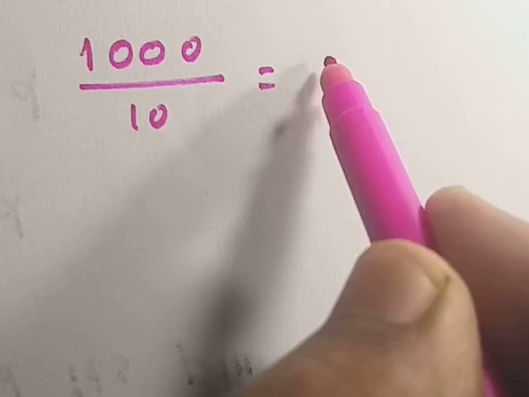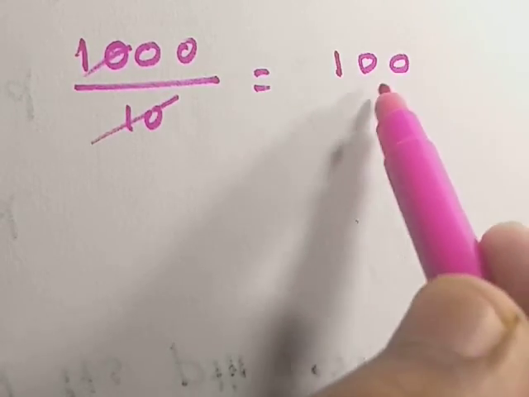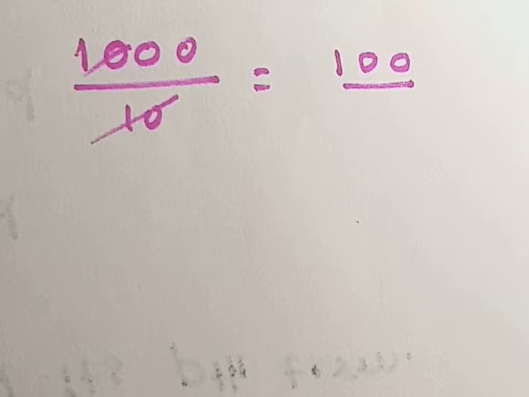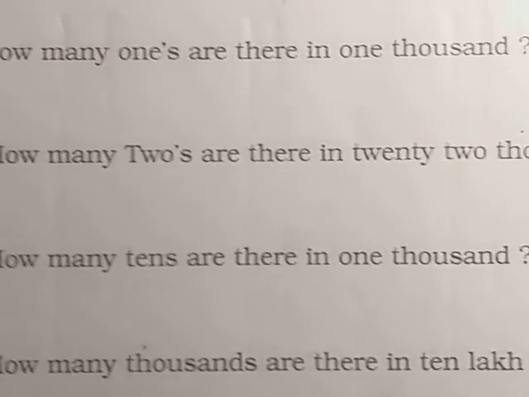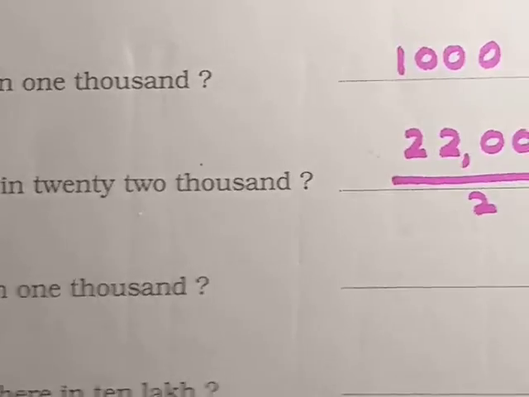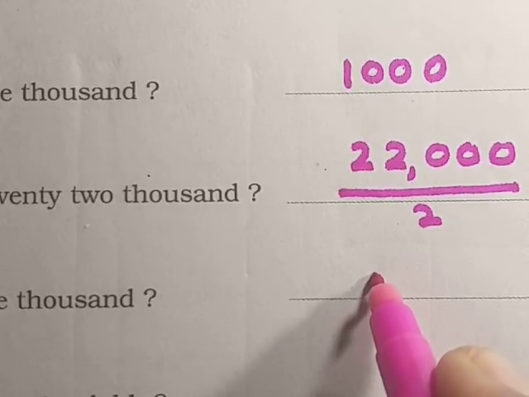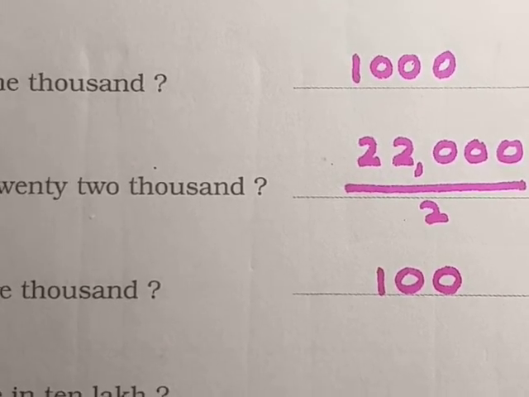That will give us 10 ones are 10 and double 0 remain. Therefore, how many tens are there in 1000? 100 tens are there in 1000. That we will write here.